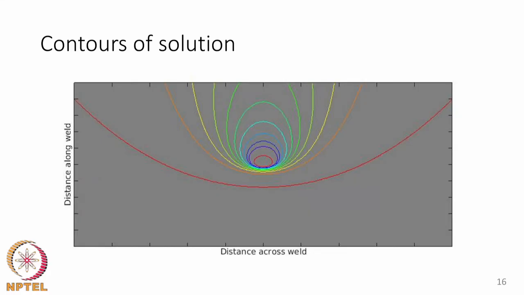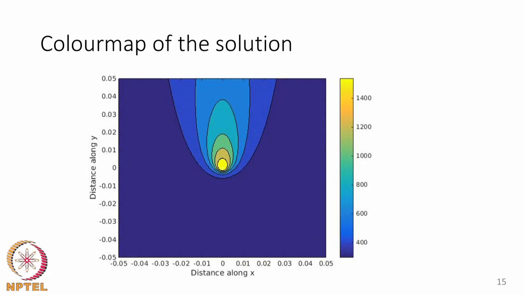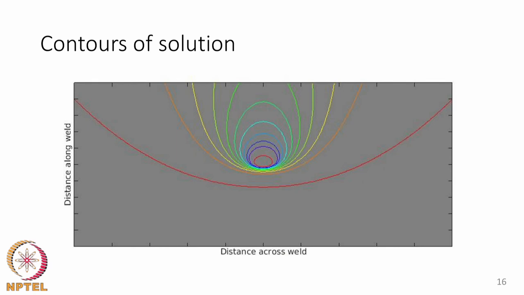You can actually depict this solution by other ways of plotting the data also, and these are available in software such as MATLAB, which you can explore on a separate occasion. The contours can also be shown separately without filling, and I am showing you here. For example, it is very clear that the distance between the contours is showing you how much temperature gradient is present at that particular location.